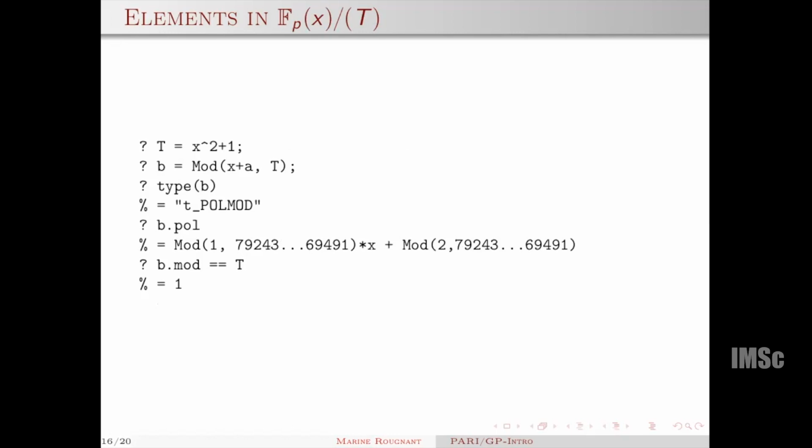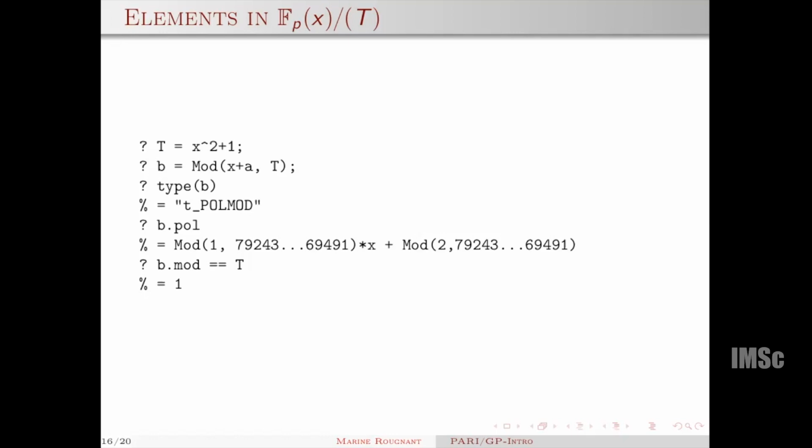And if you want to define a finite field with a non-prime number of elements, you may have to compute the quotient by a polynomial. You know, if you want F9, you have to take F3 of x and quotient by a polynomial of degree 2.